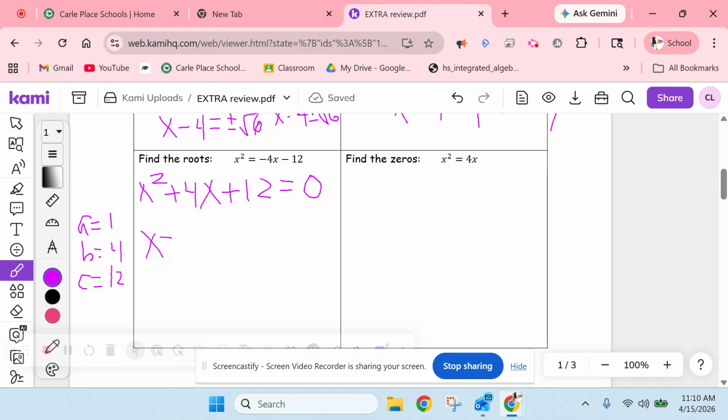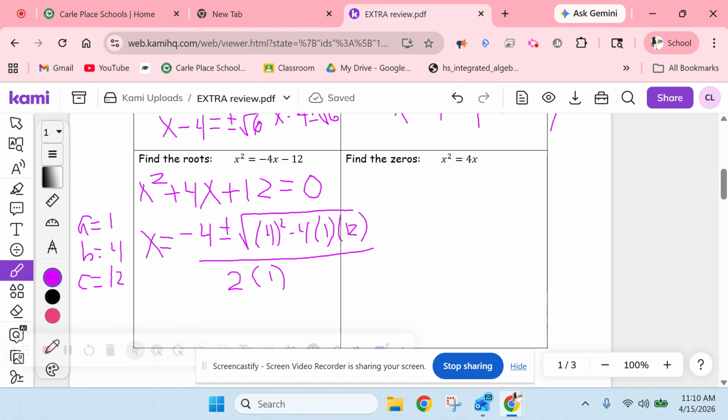So x is equal to negative b plus or minus the square root of b squared minus 4ac, all over 2a. The formula is on the reference sheet, or you can sing it out, okay?